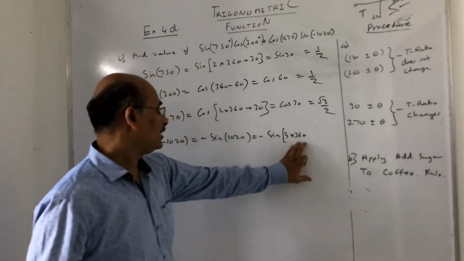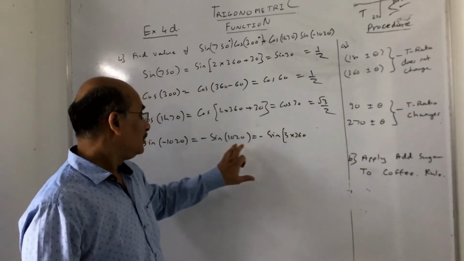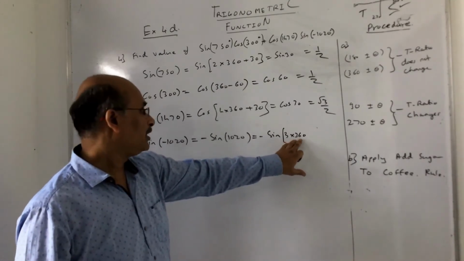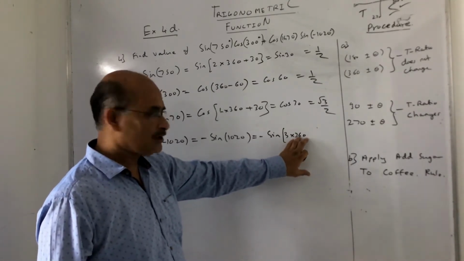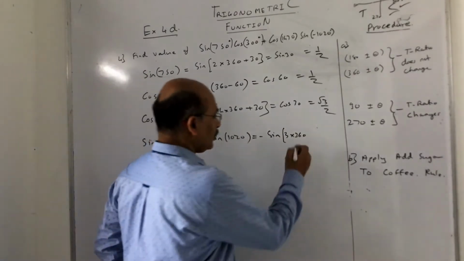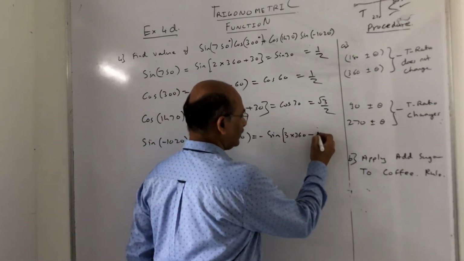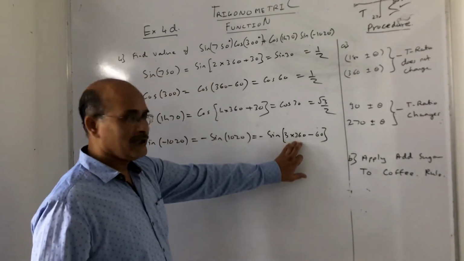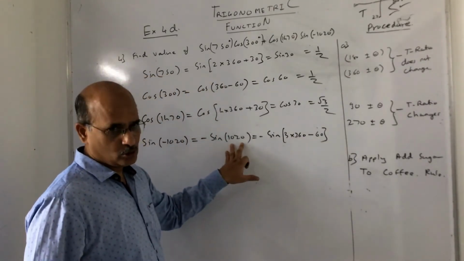Now this 3 into 360 is, sorry, not 1800. It is 1080: 3 6s are 18, so 1080. But here I want 1020. So from 1080 I remove 60 degrees, because 1080 minus 60 is 1020.